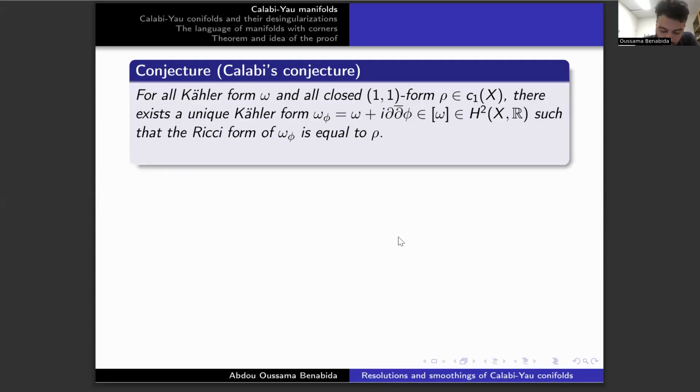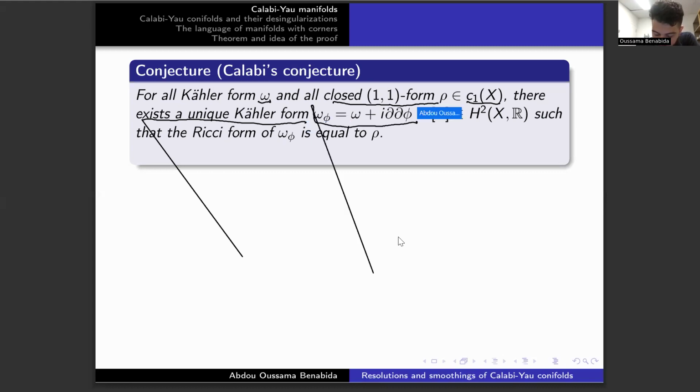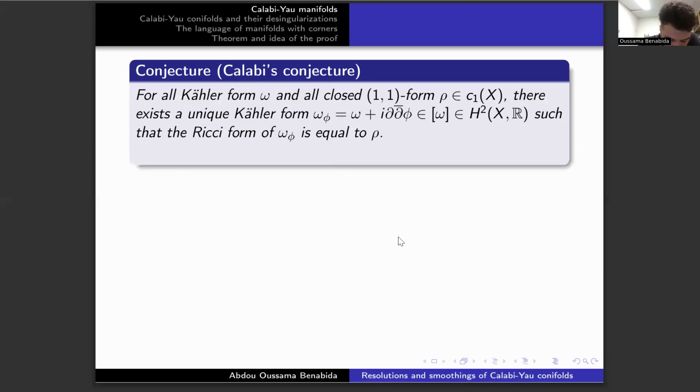If we fix a Kähler form omega, then for all closed (1,1) forms rho in the first Chern class, there exists a unique Kähler form omega phi, which is in the same cohomology class as omega, such that the Ricci form of omega phi is equal to rho. So this means that once we fix the Kähler class, in every Kähler class there is a unique Kähler form which has Ricci form described by rho, which is any closed (1,1) form in the first Chern class. So this was the Calabi-Yau conjecture.